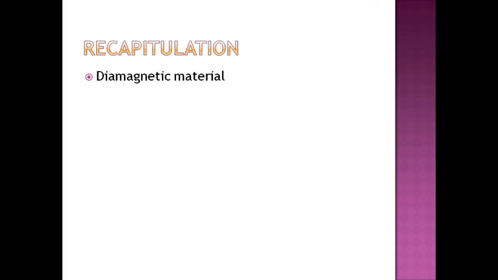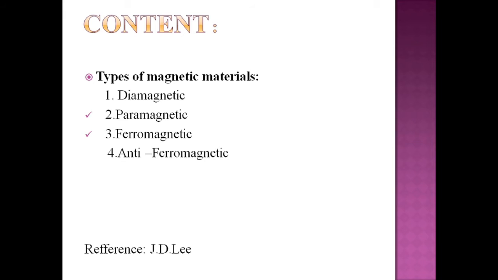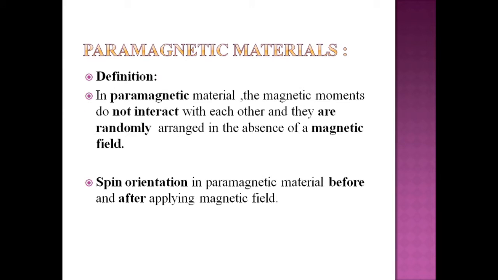So let's move towards our today's topic, that is paramagnetic materials. The content of our today's lecture is paramagnetic and ferromagnetic material, which are the types of magnetic materials. First we will see paramagnetic materials.